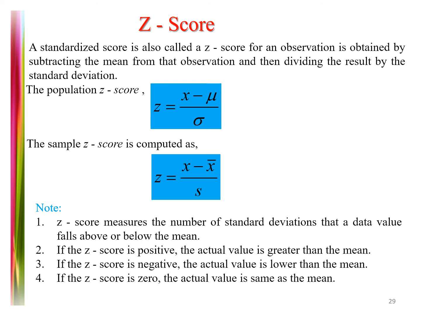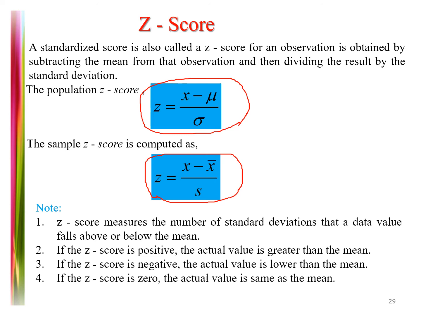Usually we denote it as the Z-score value. In the population case, it is the individual observation x minus mu, divided by sigma, the population standard deviation. In the sample case, it is x minus x bar divided by s.